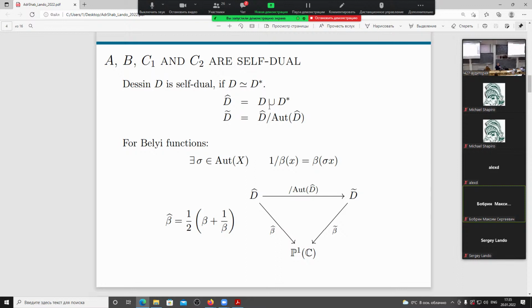So we get a new dessin with a non-trivial automorphism group, and we can factor by this automorphism group, and it really helps because it reduces the genus. We started with a curve of genus 2 and factored by this hidden symmetry.